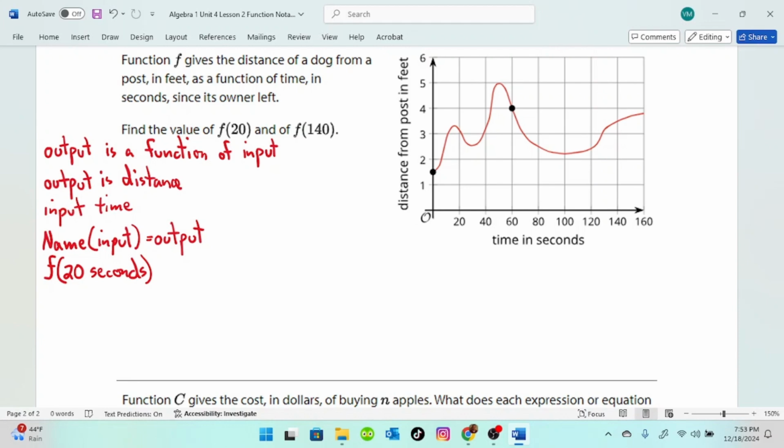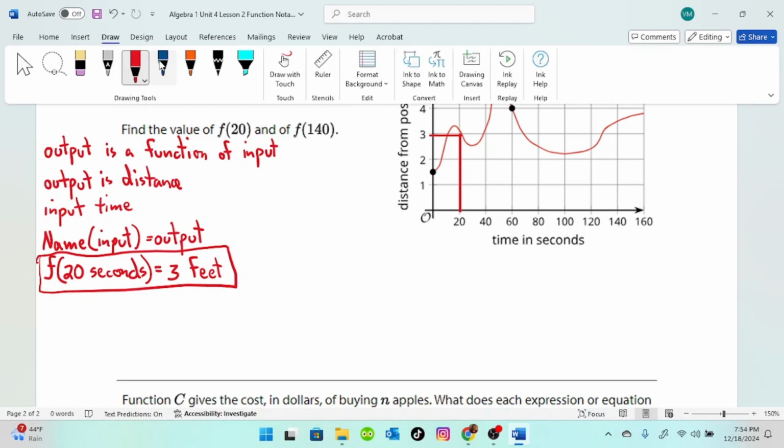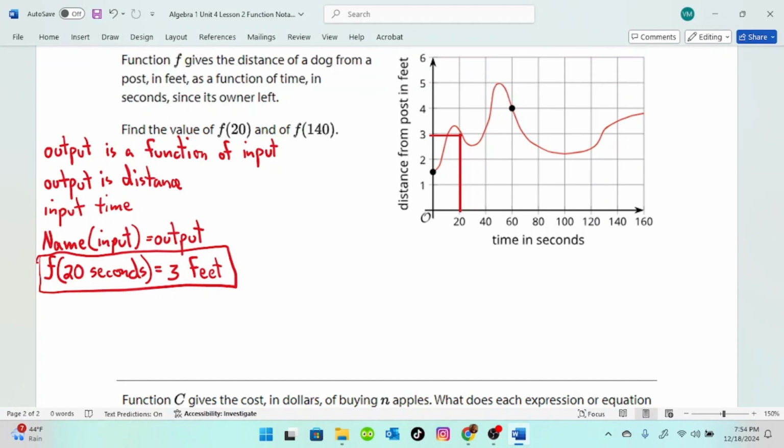I need to go over to 20, go up until I hit the line, and then look to the left and find out that my output is 3 feet. So that is the first answer. Next, we have f of 140.